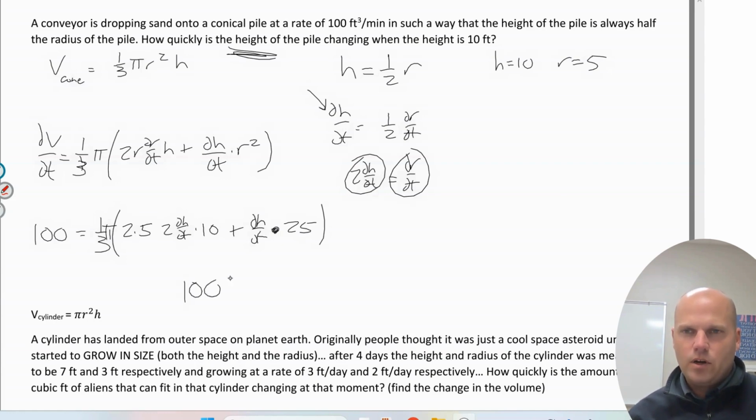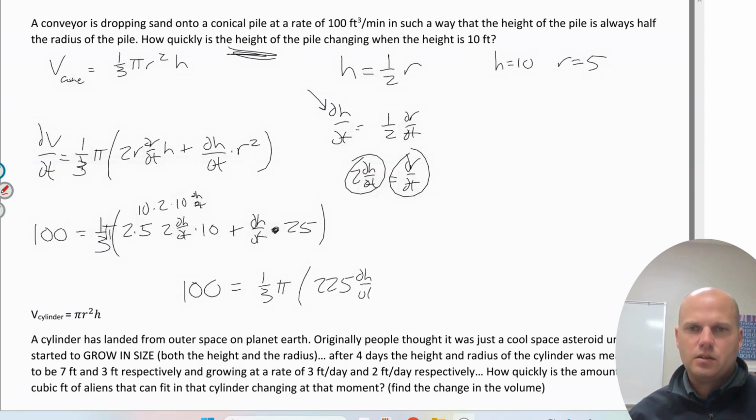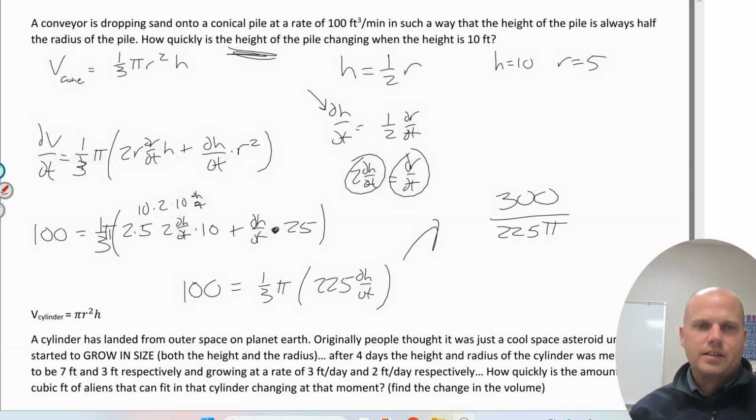So I have 100. I have 225 dH/dt's. I have 300 over 225 pi's as dH/dt. I just multiply by 3, divide by pi, and divide by 225.